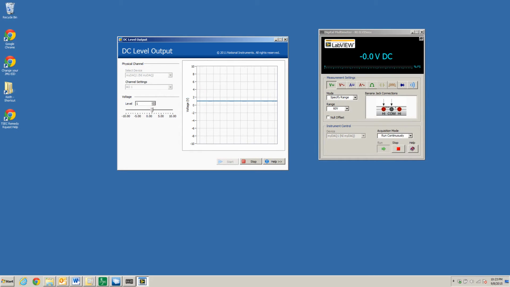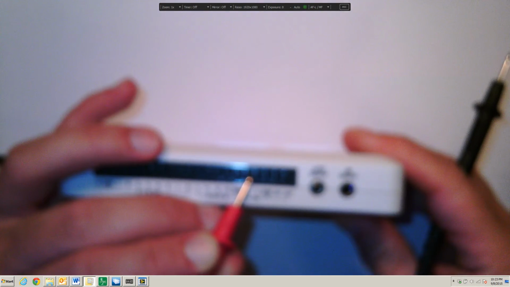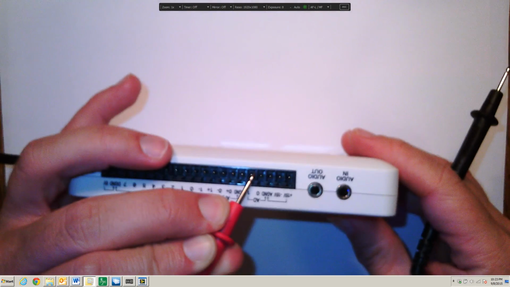So now that my digital multimeter is also running, I am going to come over to my analog output pins on the National Instruments device and measure them and check and see if that is true. So my analog output channel 1 is right here on the MyDAQ device once it focuses.